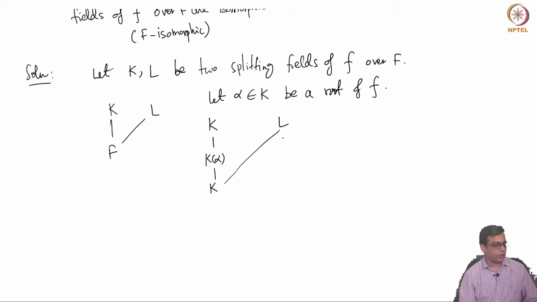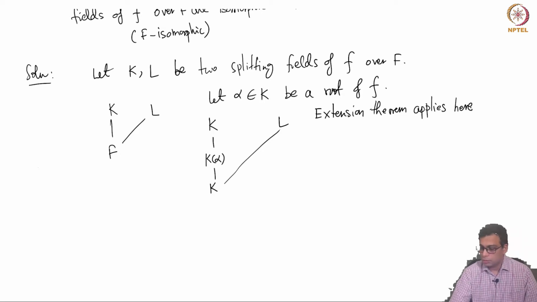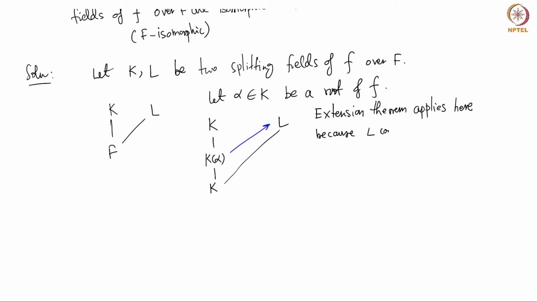Right? Now if you recall what the first extension theorem says, the first extension theorem applies here and gives a map like this, which extends the map from K to L. The reason it extends here is because L contains a root of f.